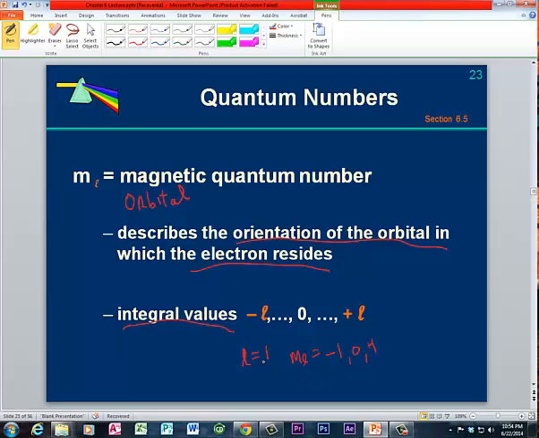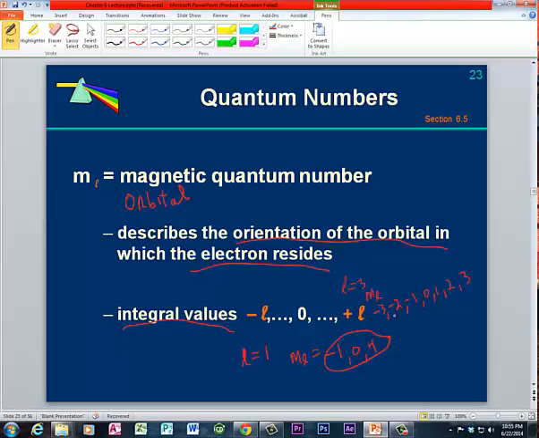That's because the l value is 1, and we can go from -l through 0 to +l. Those are all possible values for an l value of 1. So if I had an l value, let's say, of 3, my possible m sub l value could be -3, -2, -1, 0, +1, +2, and +3.